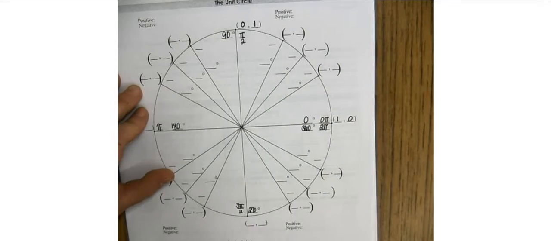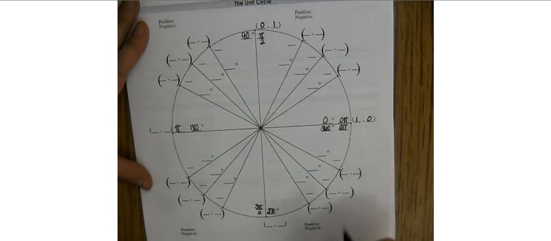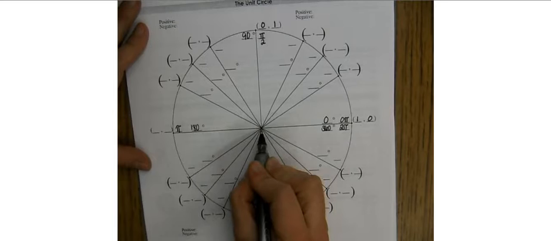So 0, 1 is that ordered pair. Back here, at 180 degrees, we're going to the left 1, so our x value is negative 1, and then up 0, so our y value is 0. And at 270 degrees, this ordered pair is going over 0 and then down 1, so negative 1. And those are the ordered pairs of your quadrant angles.